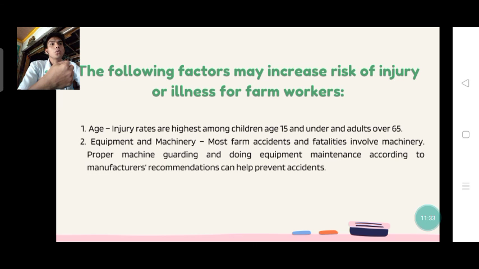Then number 2, equipment and machinery. Most farm accidents and fatalities involve machinery. Proper machine guarding and doing equipment maintenance according to manufacturers' recommendations can help prevent accidents.